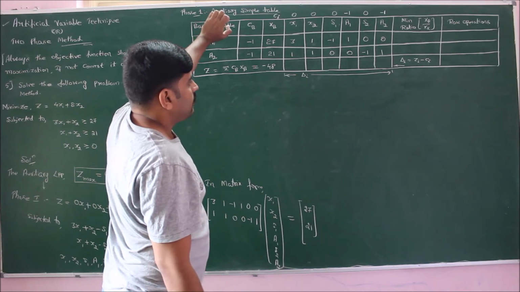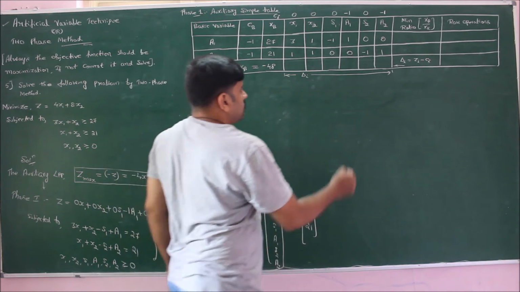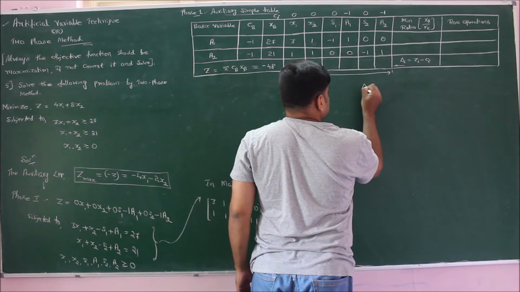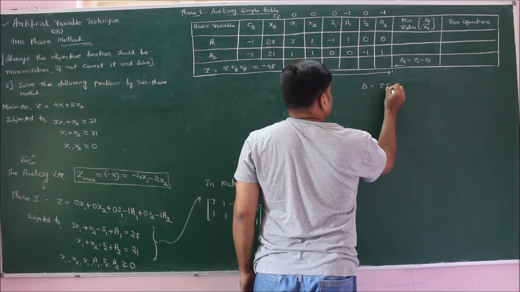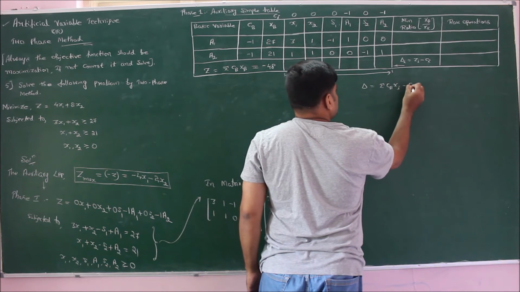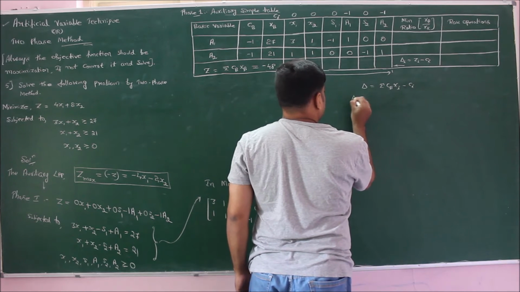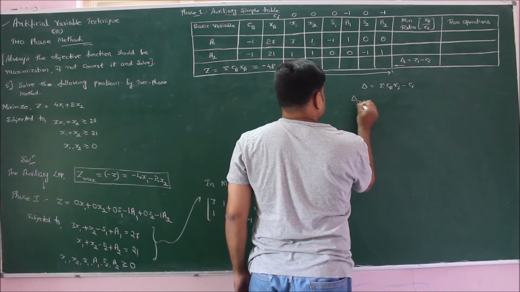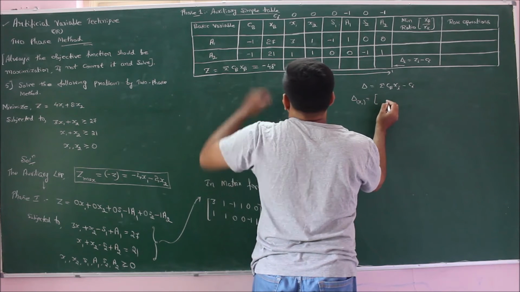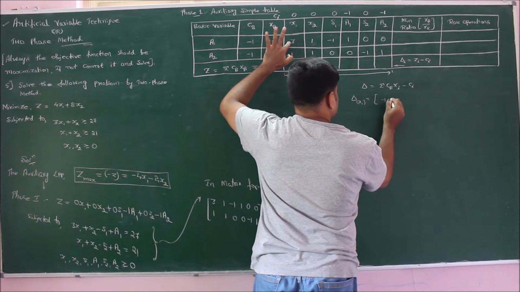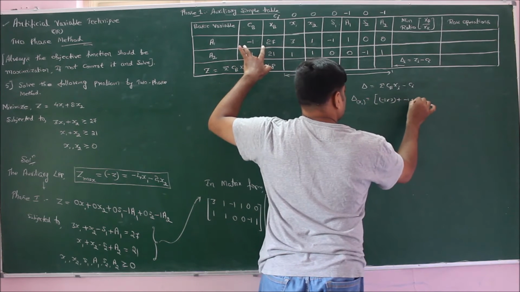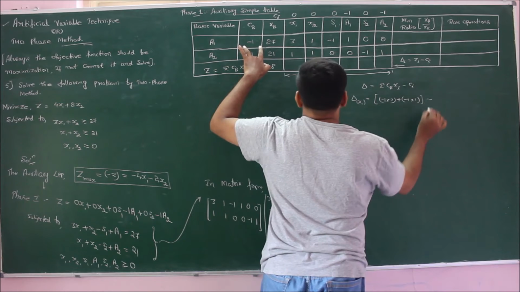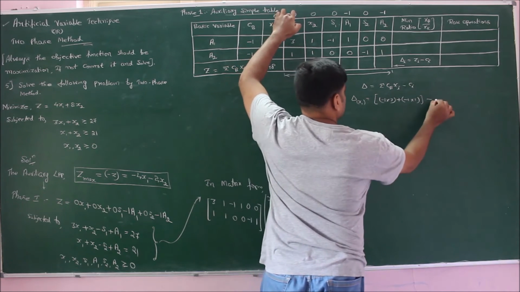Now coming to the delta calculation, we know that delta is equal to summation of CBXI minus Ci. So if I calculate it for x1, I will get -1 into 3 plus -1 into 1 minus Ci of x1, which is 0.